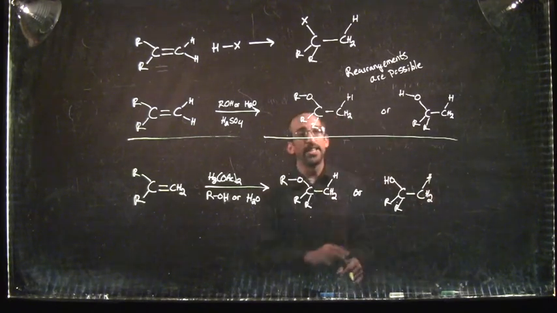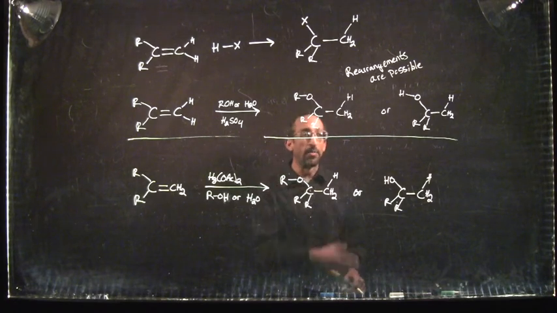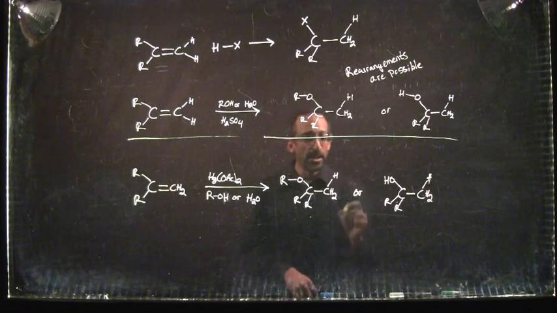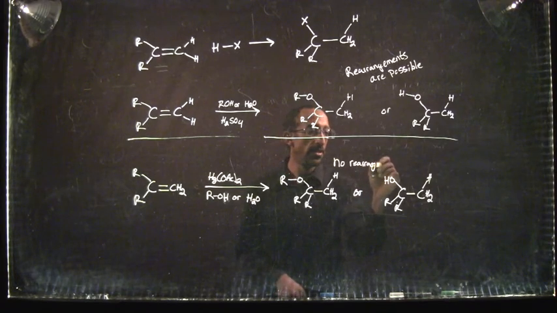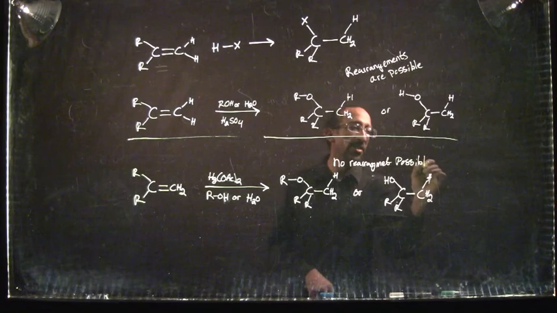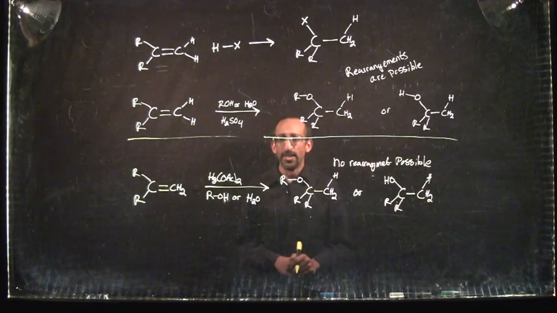Again, this addition follows Markovnikov's rule, right? Overall, our final products are Markovnikov products, but because there's no carbocation, there is no rearrangement. No rearrangement is possible for our oxymercuration reduction.